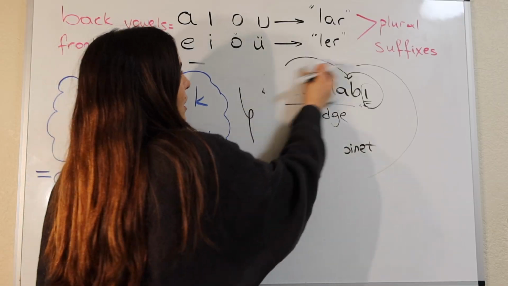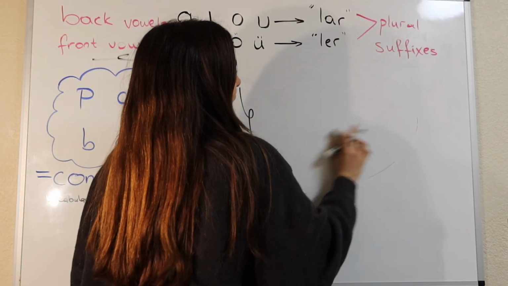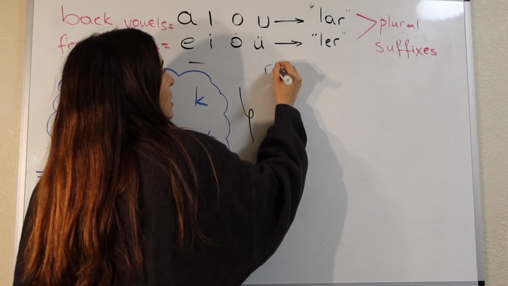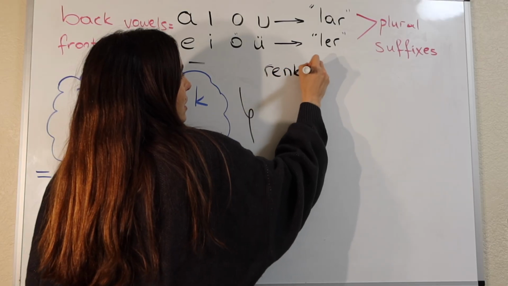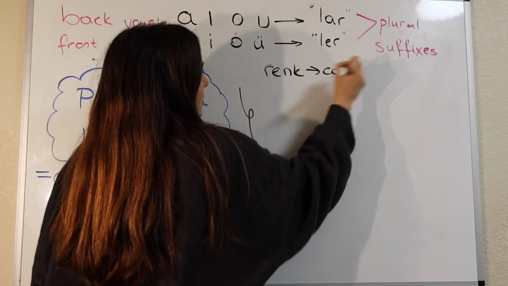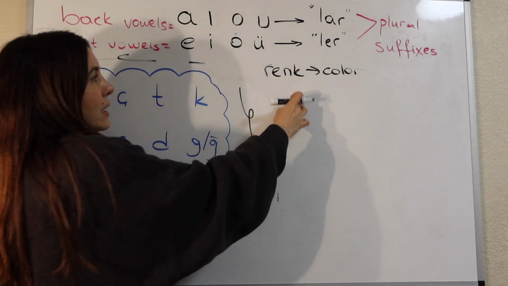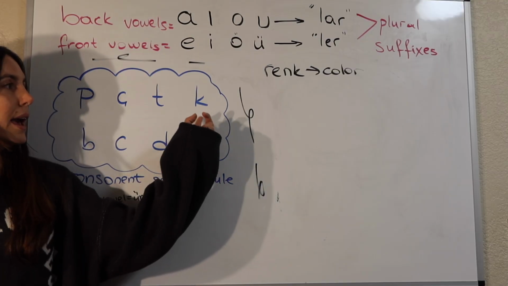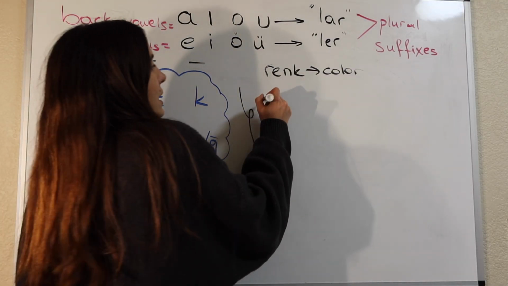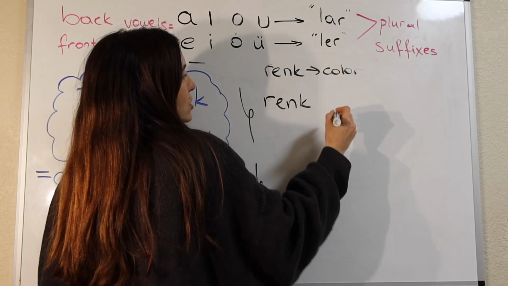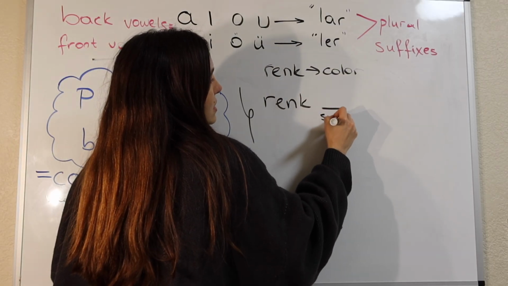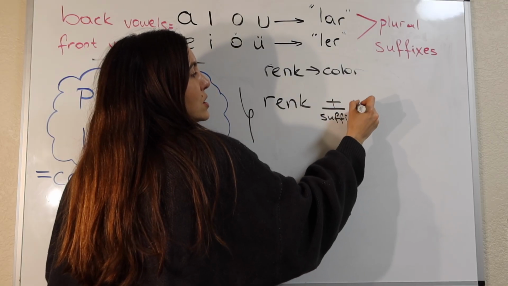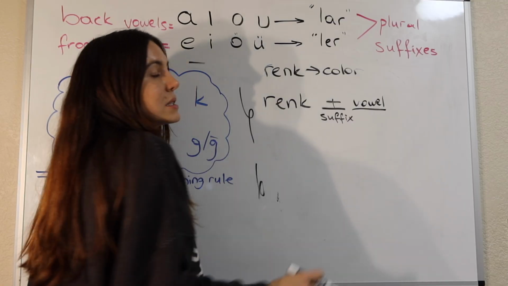Let me give a single example, and then I'm going to give an example like this. Renk is color. Renk ends with the consonant K. Let's say renk is going to get added a suffix that starts with a vowel, because it's very important.